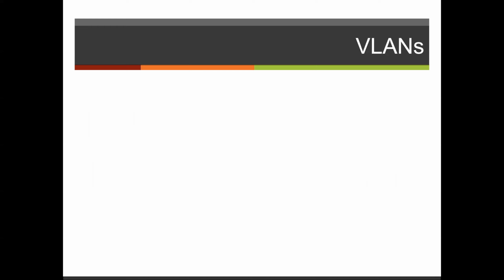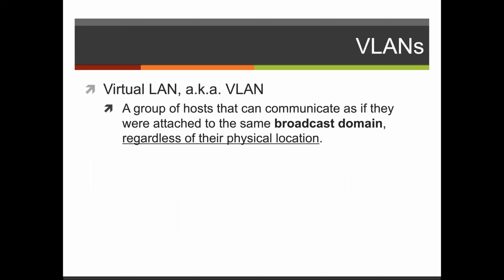Now we can talk about virtual local area networks. Specifically, what exactly is a VLAN? A VLAN represents a group of hosts that can communicate as if they were attached to the same broadcast domain, regardless of the physical location.